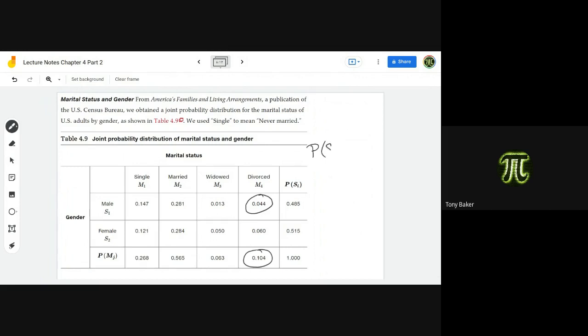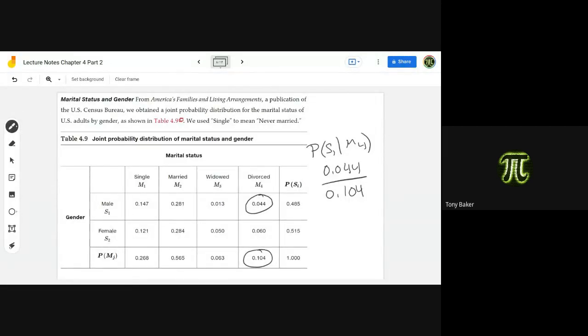So the probability that it's male, given that it's divorced, is 0.044 divided by 0.104. Or did I read that backwards? Oh, I did it backwards. This is the other problem that comes up with conditional probability.